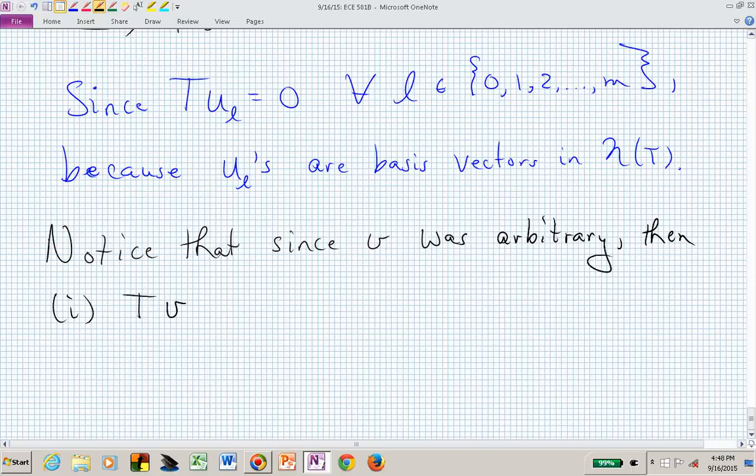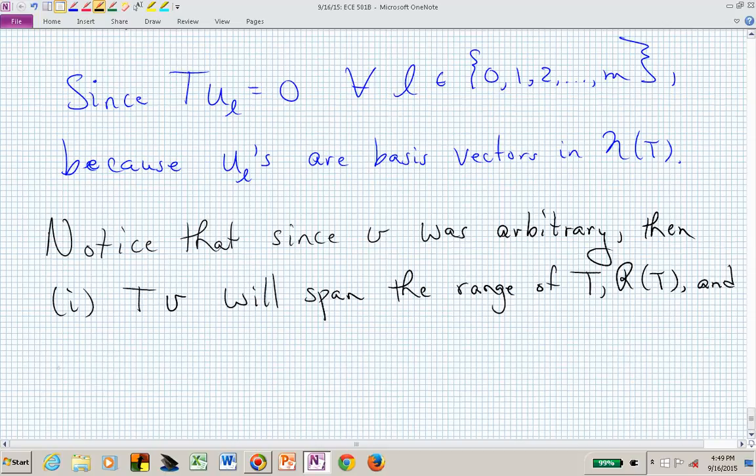Since v was arbitrary, it could have been picked anywhere, so that gives us the ability to span the entire range of that linear map. Is that okay? So TV will span the range of that linear map T, which I'm calling R of T.